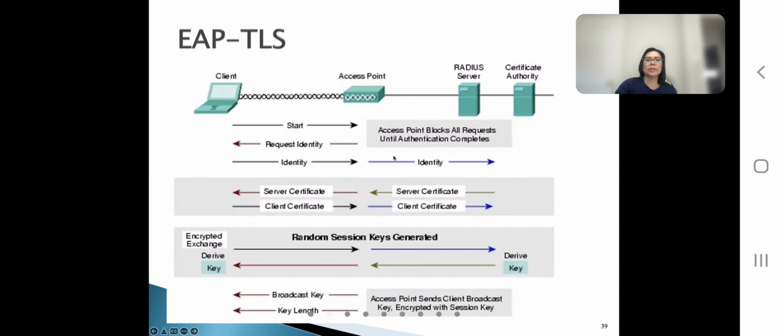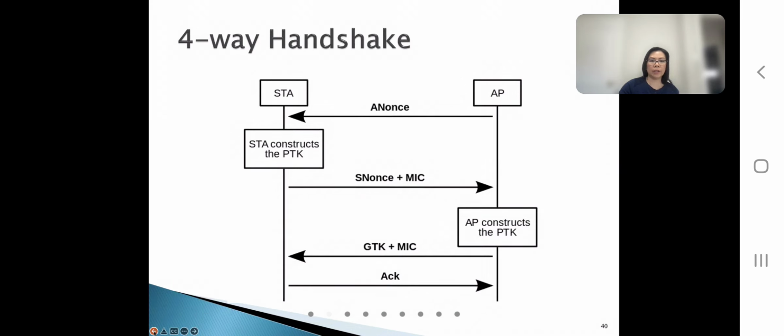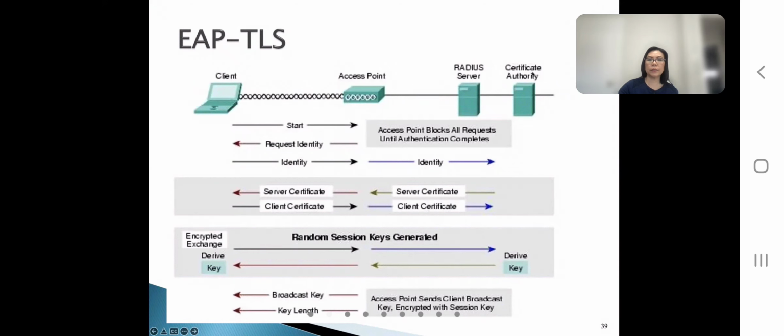The first part here is the authentication process. Between the client and the access point, it requires a server, a RADIUS server, and a certificate authority.